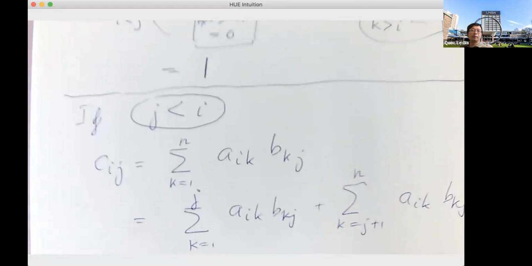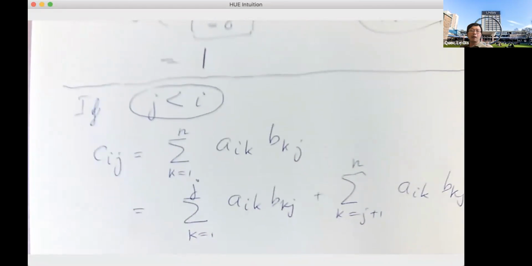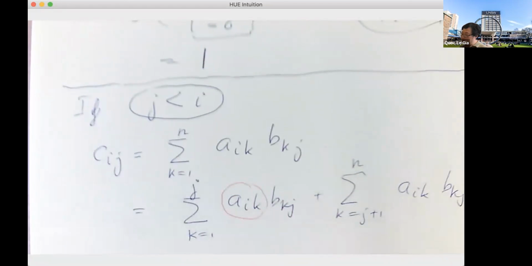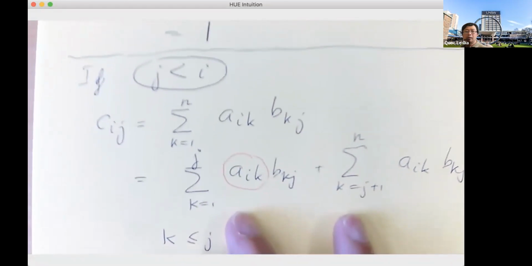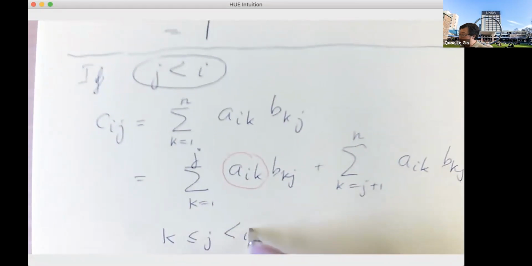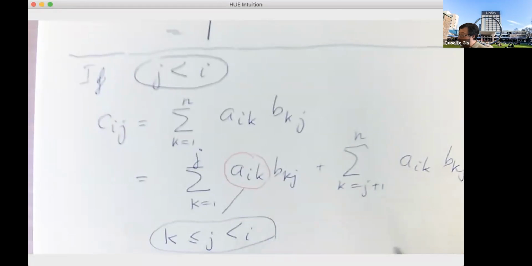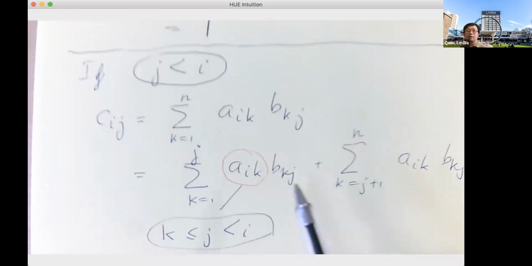Okay. And now you look at this term again. This one is k less than or equal j. But remember j is less than I. So what does it mean here?